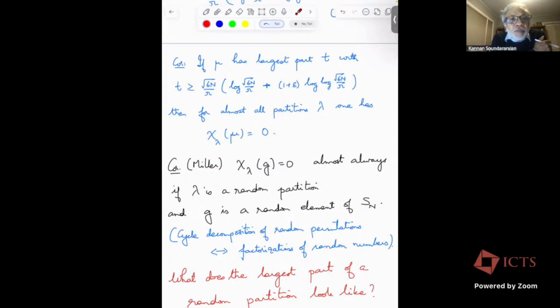So in other words, if mu has a very large part, the part is so large that almost every partition lambda is going to be a t-core, then the character value is guaranteed to be 0.